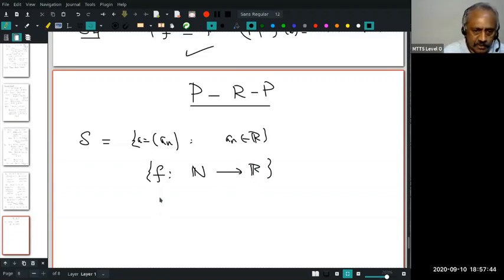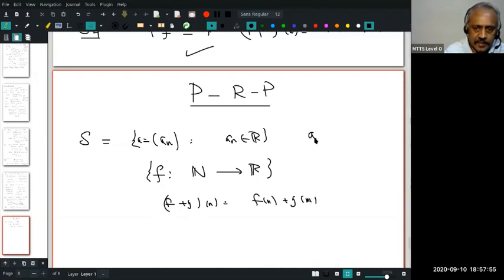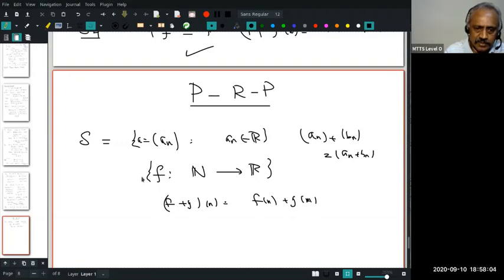Now, how do I add these two functions here, (f plus g) at n? This is f(n) plus g(n), right? Now take any sequence. How did I add here? a_n, b_n. I added as a_n plus b_n. So you see that it's the same thing. Because if you call this a, a sequence, therefore a at n you denote by a_n.